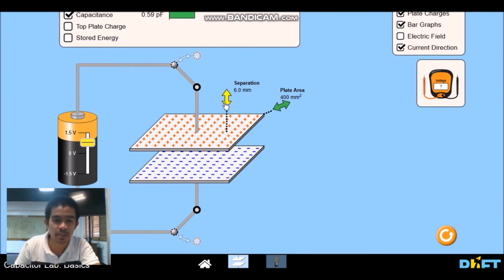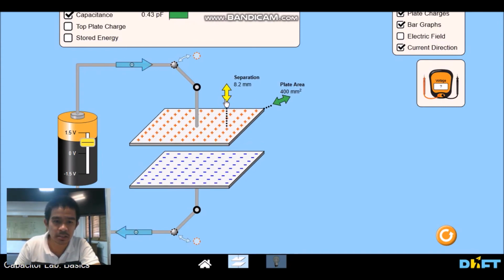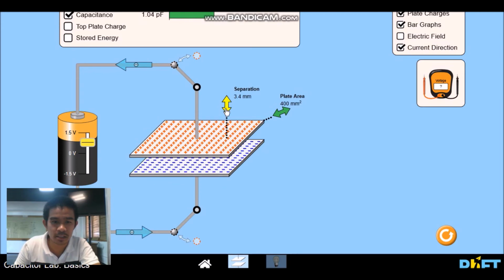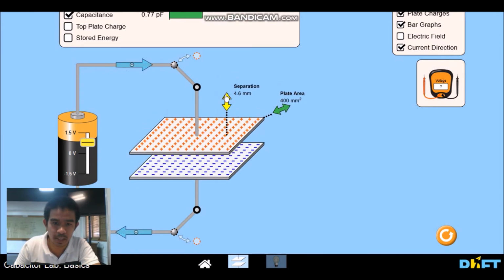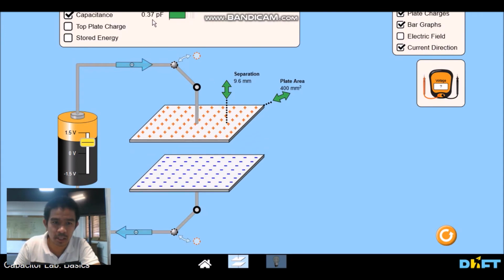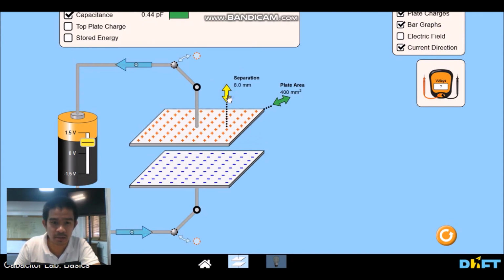Now, if I increase the distance between two plates, there is a decrease of capacitance. So the distance between two plates is inversely proportional to the capacitance and directly proportional to the area of either of these two plates.